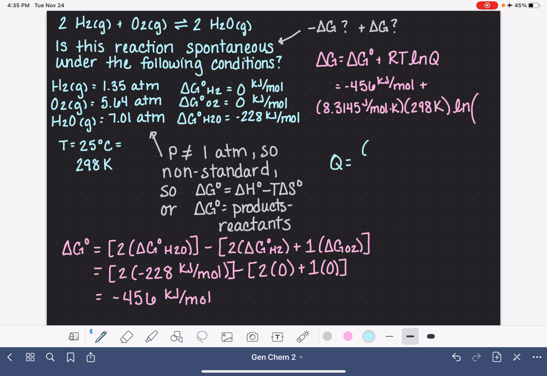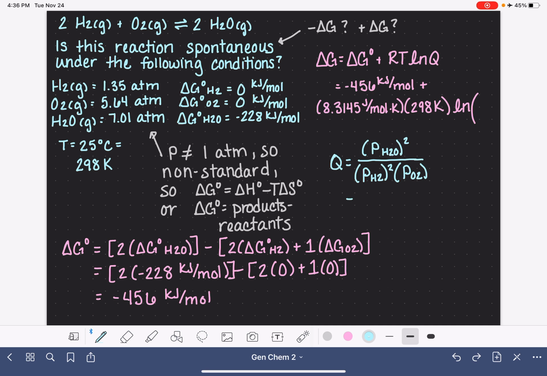On the top, we're going to have the pressure of the H2O gas, squared, because it's our product. Products go on top. And then our reactants down on the bottom, we're going to have the pressure of the H2 gas, squared, and the pressure of the O2 gas. This pressure is not squared because the stoichiometric coefficient for that is just 1.